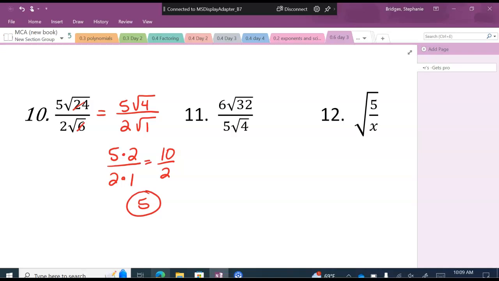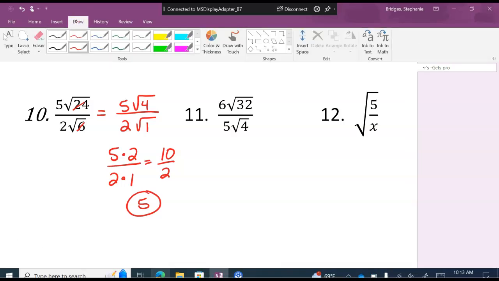Is 144 a perfect square? What's the square root of it? 12. Is 36 a perfect square? What's the square root of it? 6. 5 times 12 gives me 60. 6 times 2 gives me 12, sorry. And then 60 divided by 12 is 5. So either way, you can get to the same answer. It just depends on if you want to go smaller numbers or larger numbers.